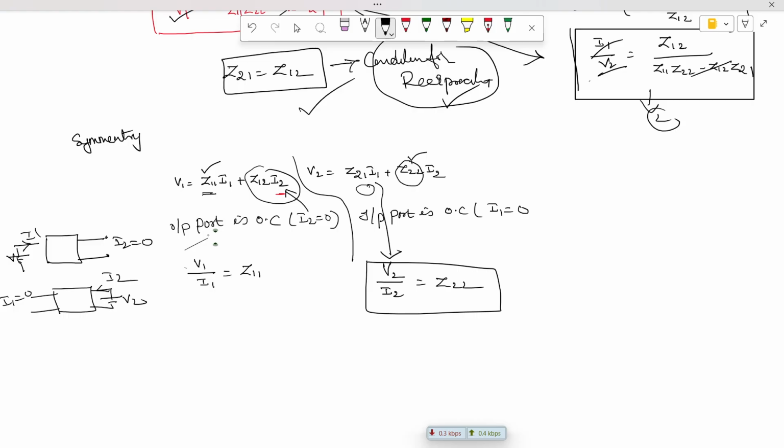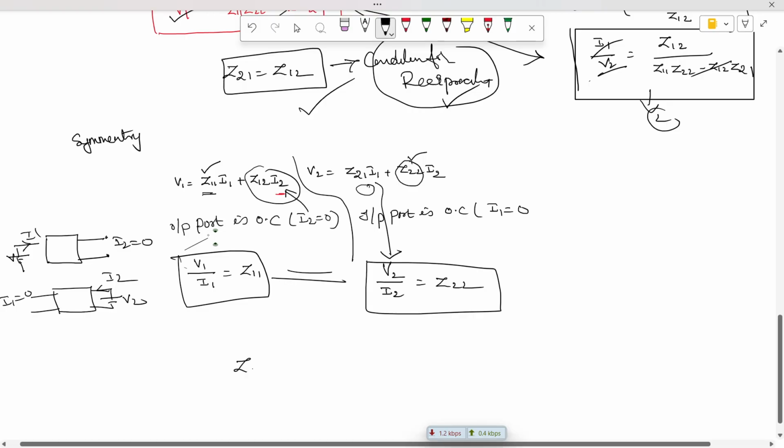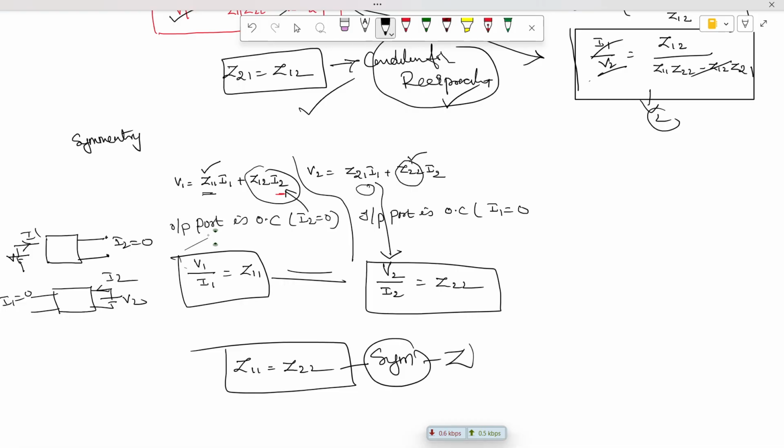When you compare this equation with that equation, input voltage to input current is impedance, output voltage to output current is impedance. When you compare both, the condition for symmetry is Z11 equal to Z22.